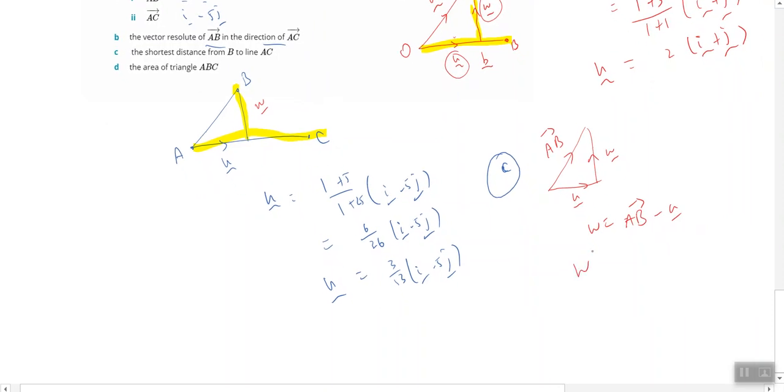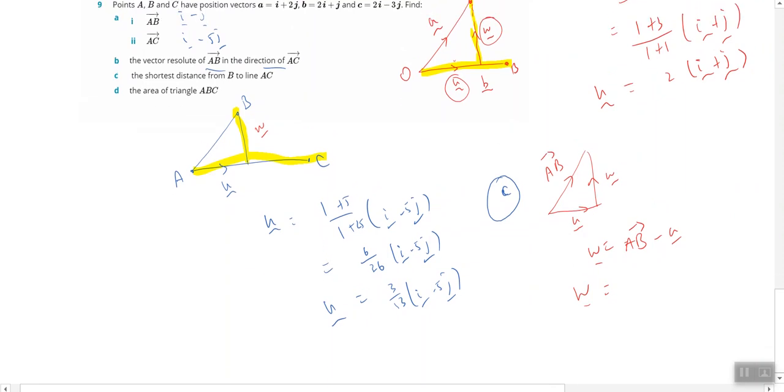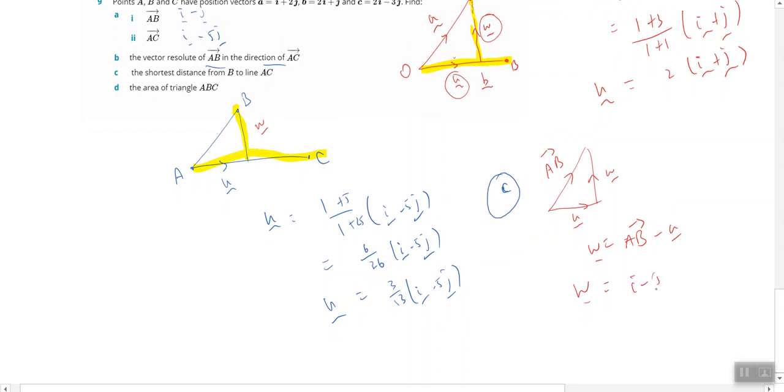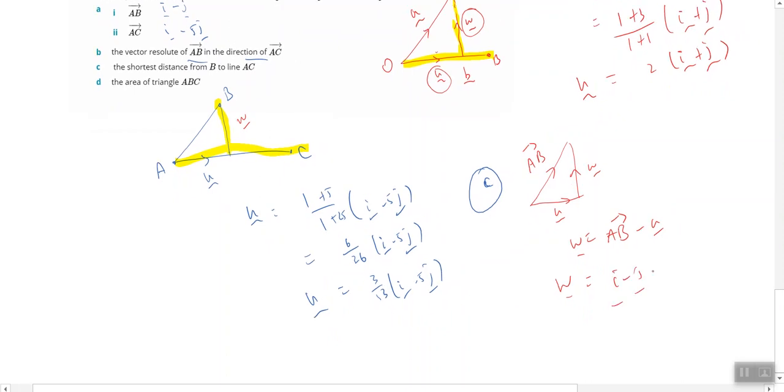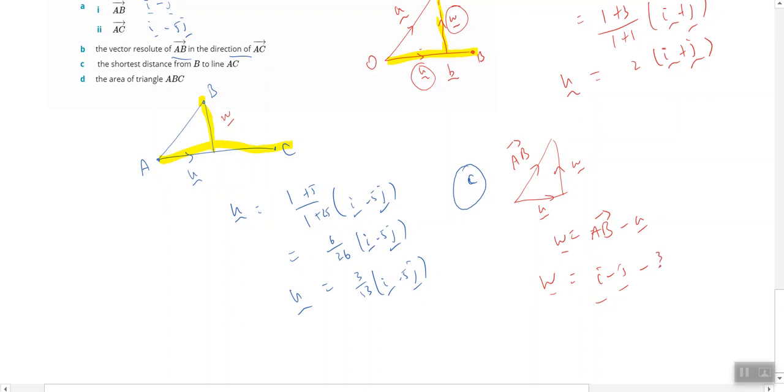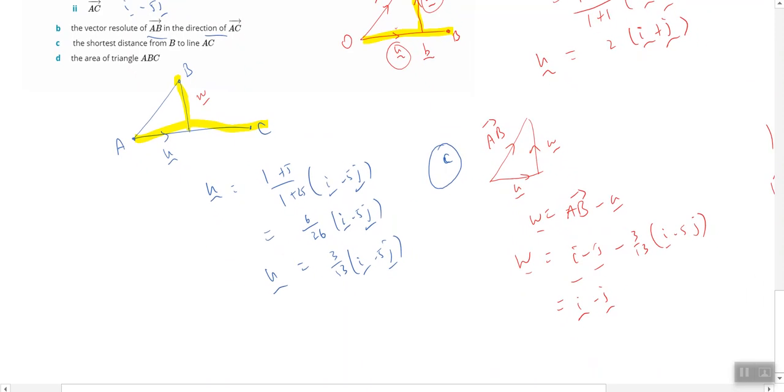So W equals AB. What's AB? AB was, as we worked out at the very beginning, I minus J, minus U, which is 3 on 13, I minus 5J. I've got a suspicion that we're going to get a nasty fraction. That's all right. So I plus 15 on 13J.